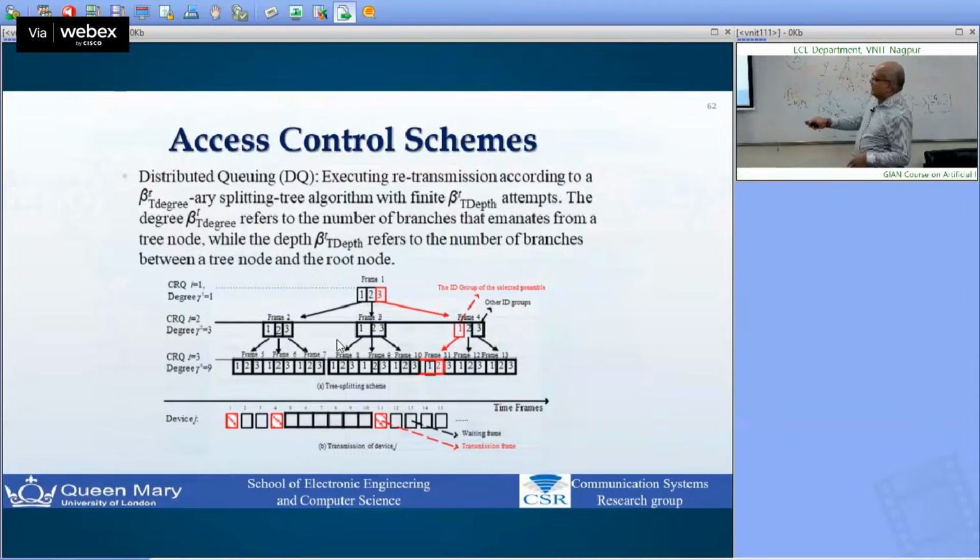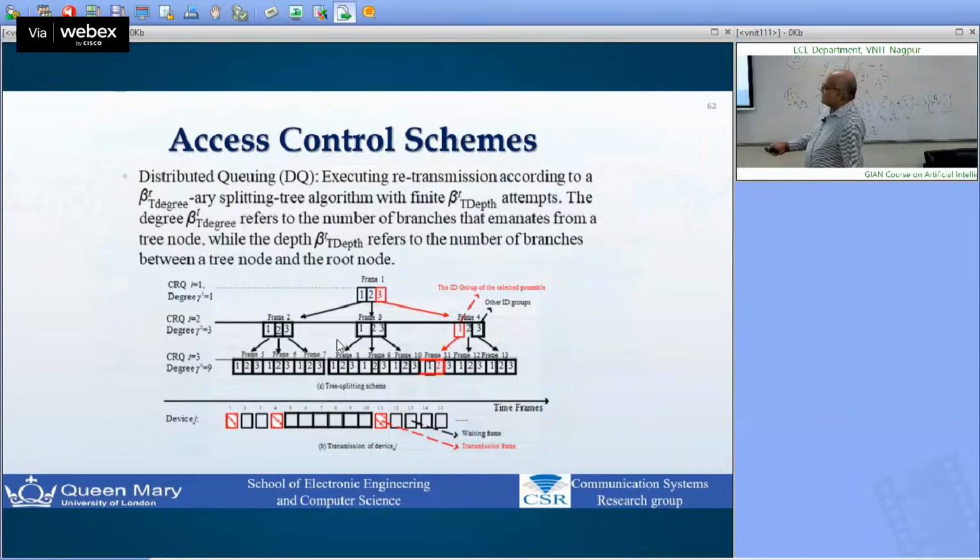By this way we are going to have the depth. Here depth is 3. The degree, in the third level, is going to be 3 squared, that is 9 frames here. So by defining these two parameters, depth and degree, we can control the random access.